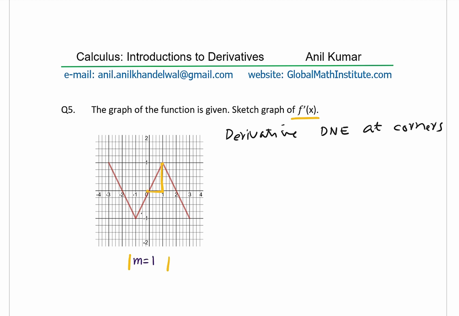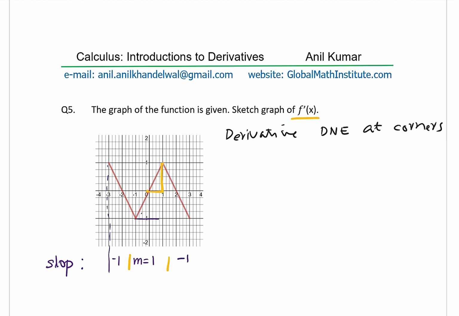On the other two parts, here also it is 1, right? This is also 1. So in this region it is 1. And if you go beyond this, that means in this region, it is minus 1. So let me write the slope in different regions: this is plus 1 and this is again minus 1.